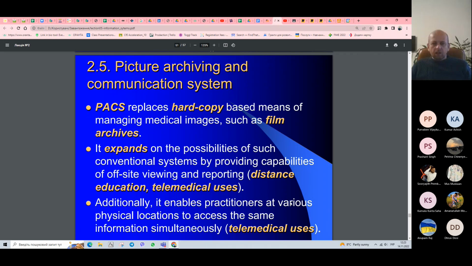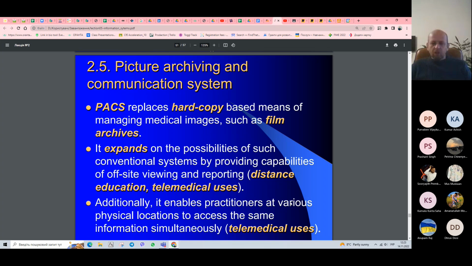Picture archiving and communication system, PACS, replaced hard copy based means of managing medical images such as film archiving. It expands on the possibilities of such conventional systems by providing capabilities of off-site viewing and reporting, distance education, and telemedical users.